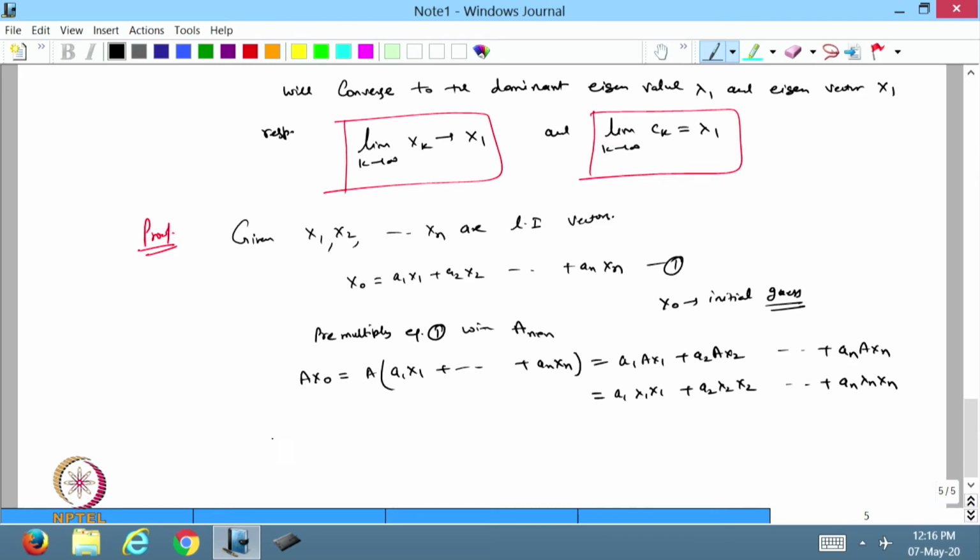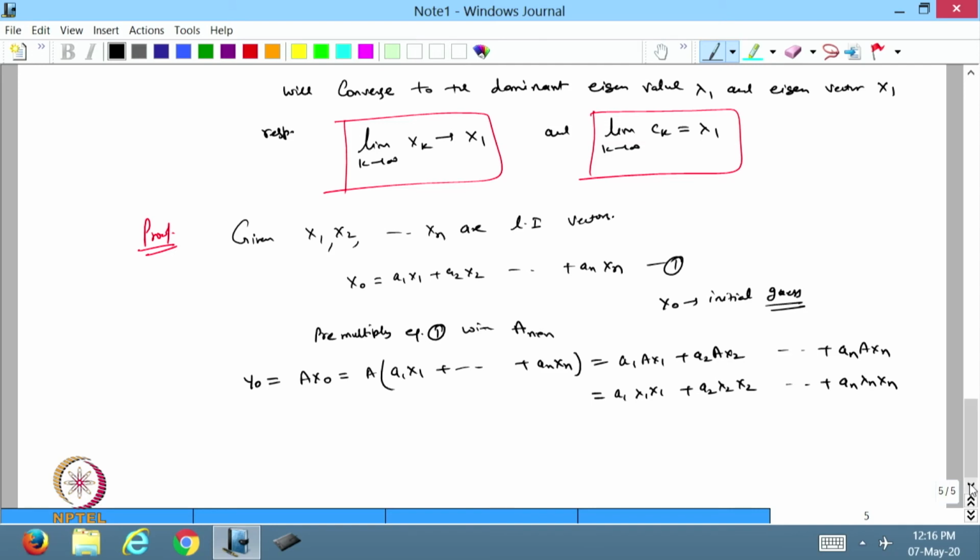So, this is my A x0, and I know that this A x0 is equal to y0. Now, in the y0 I will take the factor c1 common.